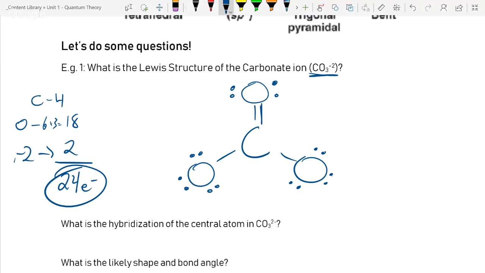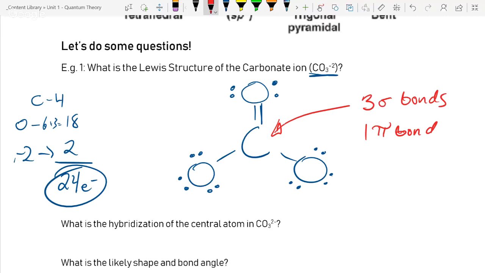Cool. Now, let's talk about this central atom. Let's talk about carbon. What's it making? Or what's it got? Okay, 3 sigma bonds, 1 pi bond. Right away, what is your brain screaming at you? It's saying sp2.